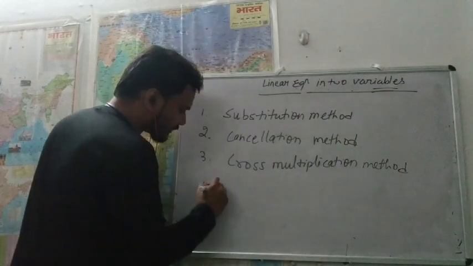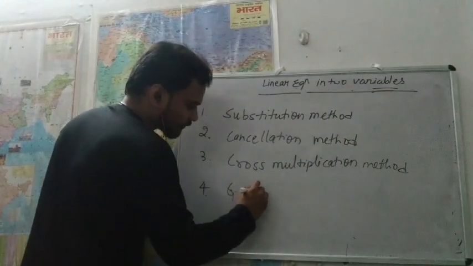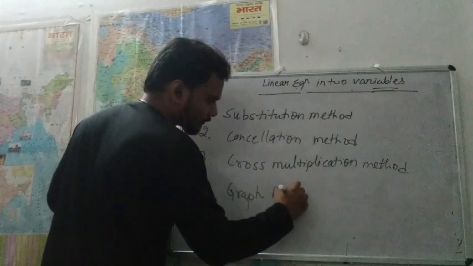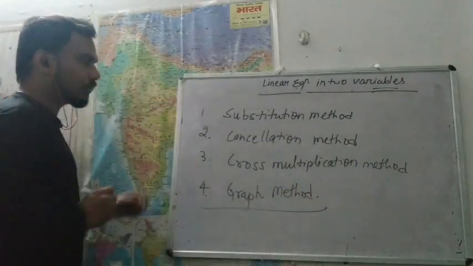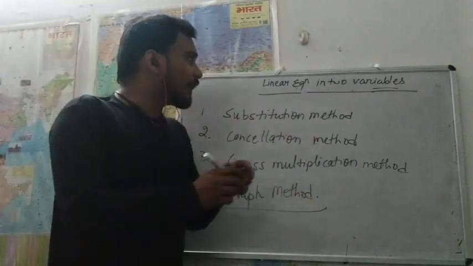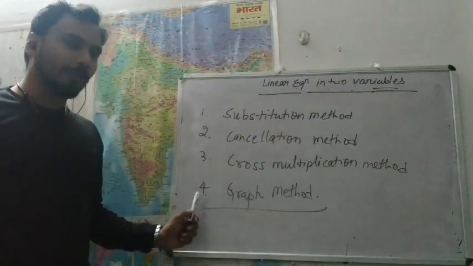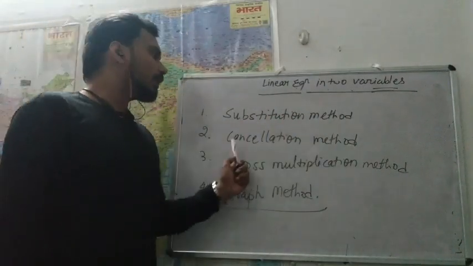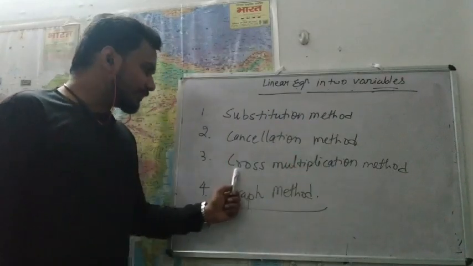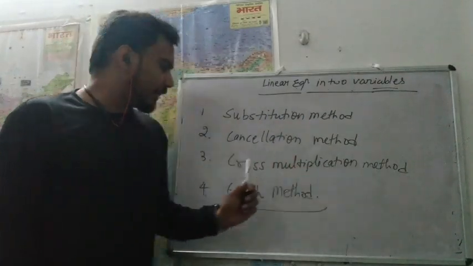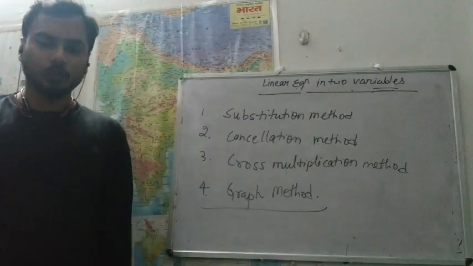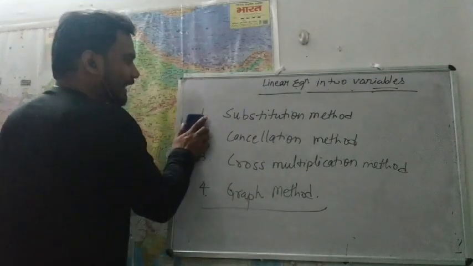And number 4 is the graph method. So to solve the linear equation in two variables, we basically require these 4 methods. Let's talk about number 1, the substitution method.